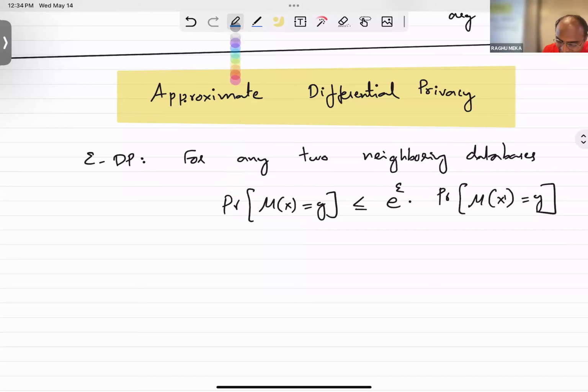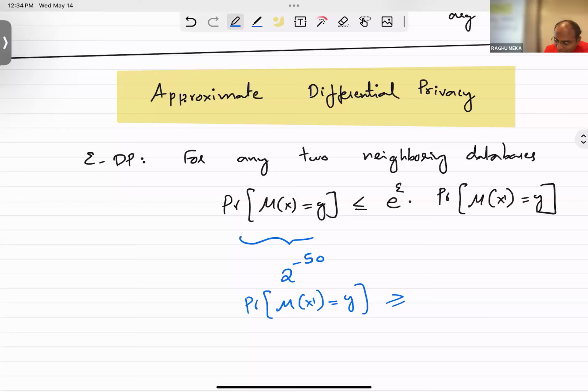Maybe in some pathological case, this probability is as small as 2 to the minus 50. But under the guarantee of differential privacy, you need to ensure that the other one is also like e to the epsilon times 2 to the minus 50.